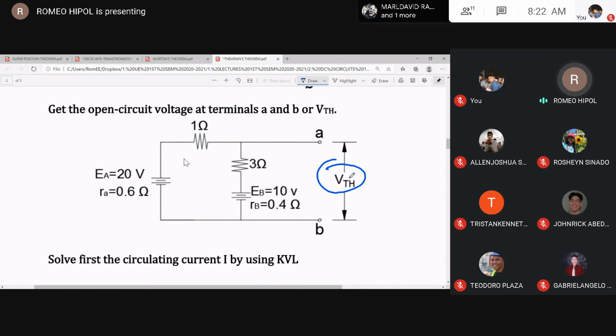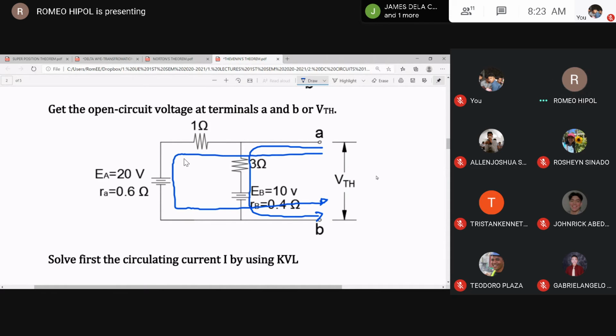But take note, kasi ang problema natin dito, we have to check the remaining circuit. So initially, if we are going to apply KVL, di ba per loop ating analysis. So pwede tayong kumuha ng KVL at this loop. Pwede rin tayo mag-apply ng KVL at this loop.